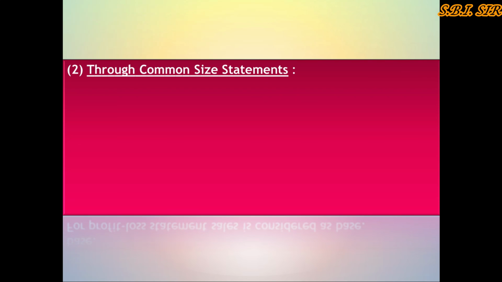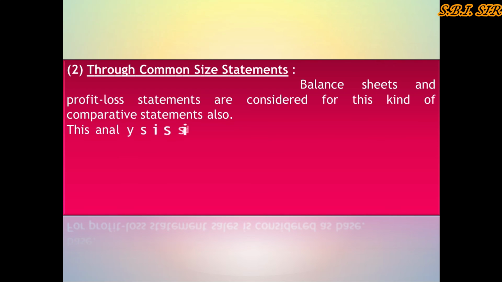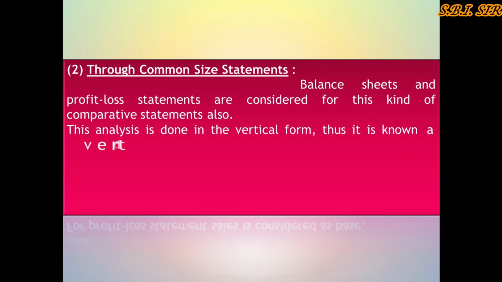Second, through common size statements. Balance sheets and profit loss statements are considered for this kind of comparative statements also. This analysis is done in vertical form, thus it is known as vertical analysis of financial statements.